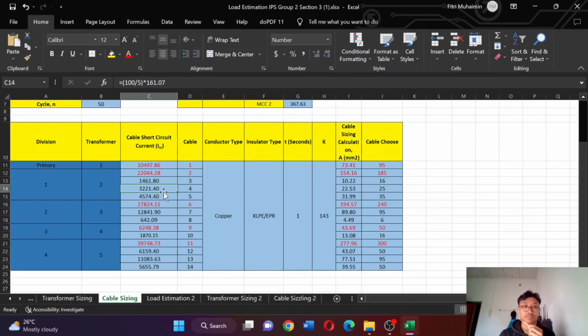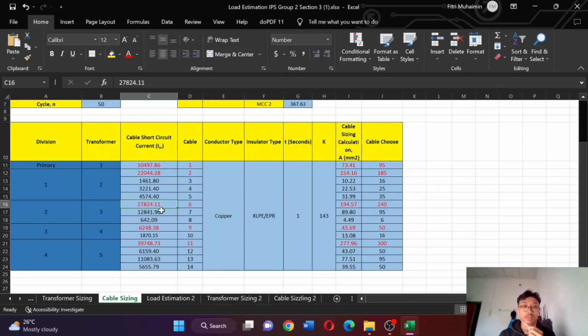For motor 2, we get 3221.40 for the ISC, and the A is 22.53, and we choose 25 mm squared cable. Next one is motor 3. We get ISC is 4574.40. The A is 31.99, so we choose 35 mm squared.